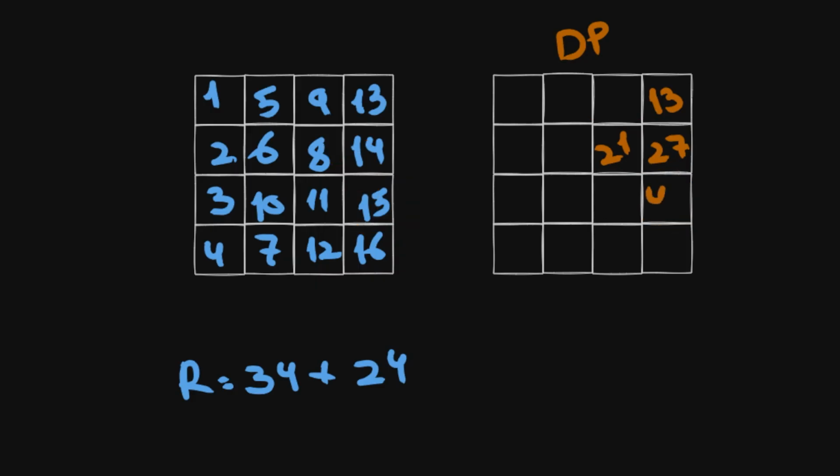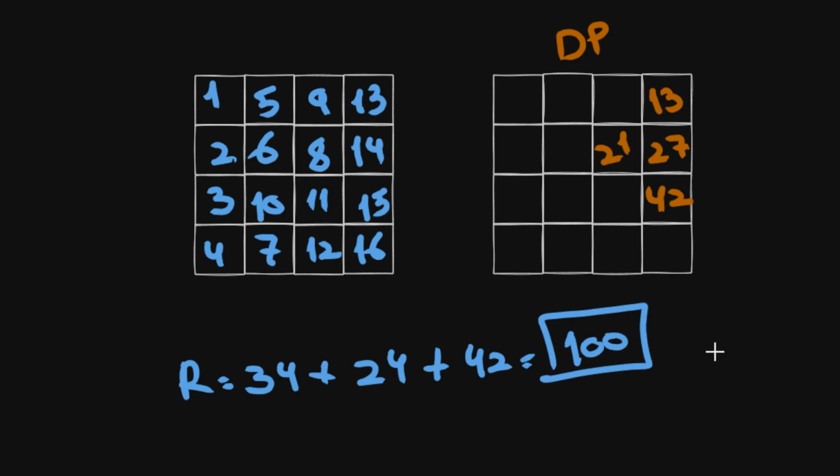And this is 42. And we reach the end here, so we add this 42 to the result. And 34 plus 24 plus 42 is 100. So we return this. Time and space complexity for this approach will be big O of n squared.